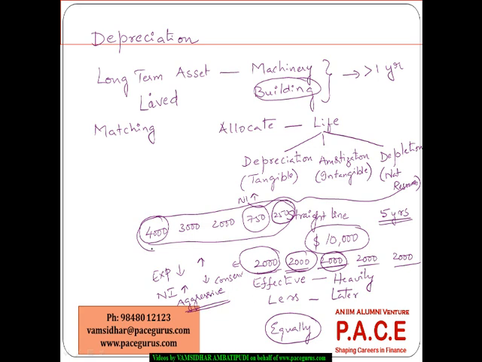One thing is that over the entire life, even this will sum out to 10,000, and even the other will sum out to 10,000 only, which means over the complete life of the asset, there is nothing much different. Now, just to talk about how the straight line depreciation is computed: whatever is the cost of purchase, and I would estimate if there is any kind of a residual value for it.